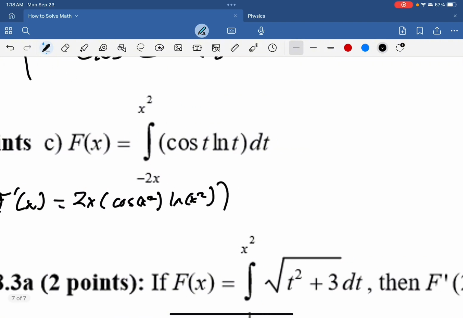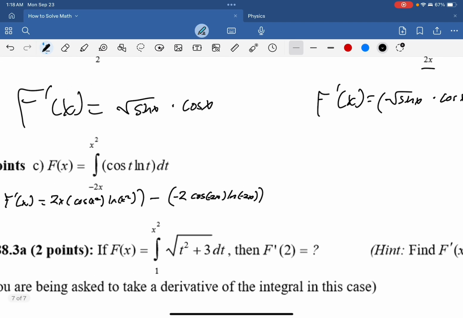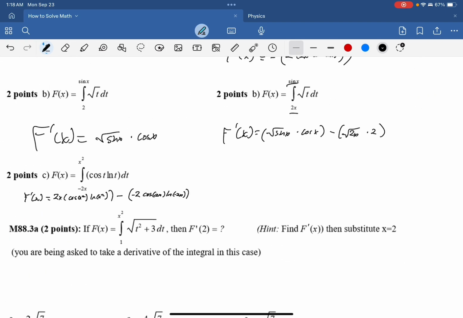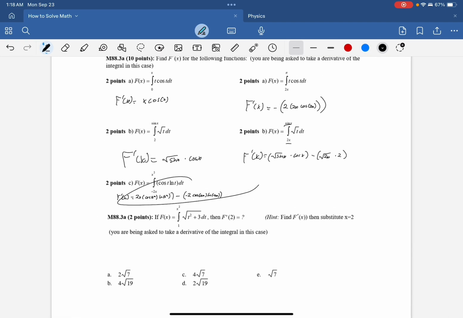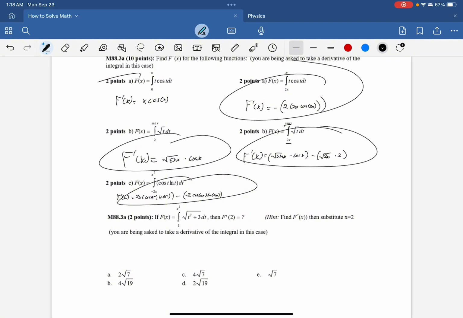Yucky. Oh well, that's fine. Minus negative 2 cos of negative 2x times ln of negative 2x. There we go. And then for this one, oh, there's no other one after that. Okay. But yeah, these should be your answers. You could simplify. I wouldn't though.